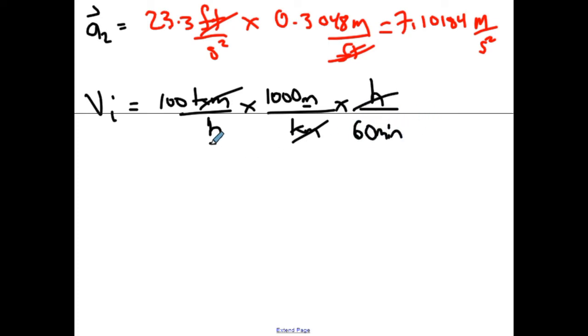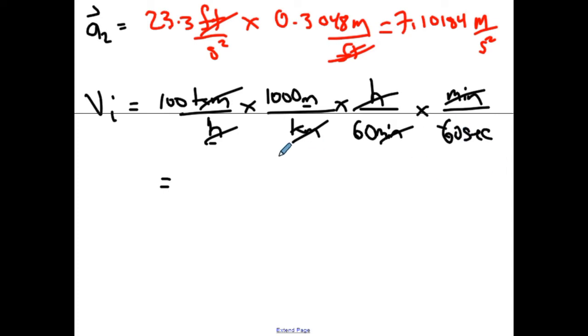Well, that cancels your hours now. Now I have meters per minute. But I want meters per second. Well, it helps if you know that in 1 minute, there are 60 seconds. And now I can cancel this minute with that minute. And the long story short is that in order to solve this, you have to take the number 100, times 1,000, and then divide by 60 twice.